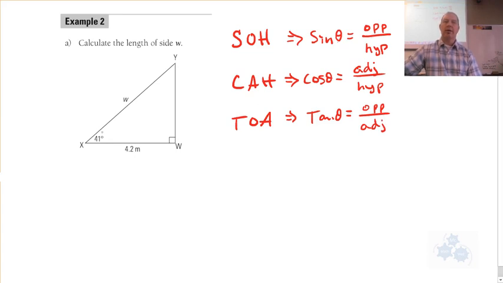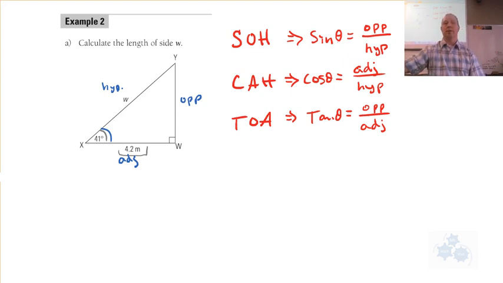Well, we're given an angle, and I'm given this side. So according to this angle, what side is 4.2? Is it the opposite side, the adjacent side, or the hypotenuse? Yeah, it is. It's the adjacent side. Good. This is the opposite side over here, and this is always the hypotenuse. So, how do we write an equation where we're only missing one piece of it?